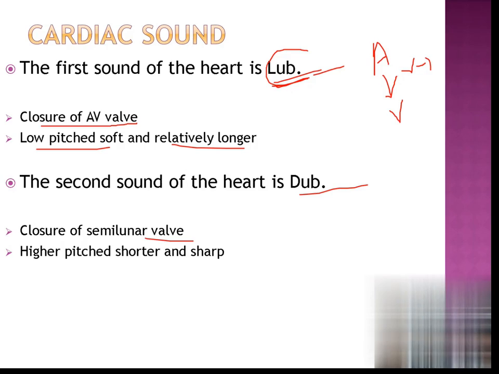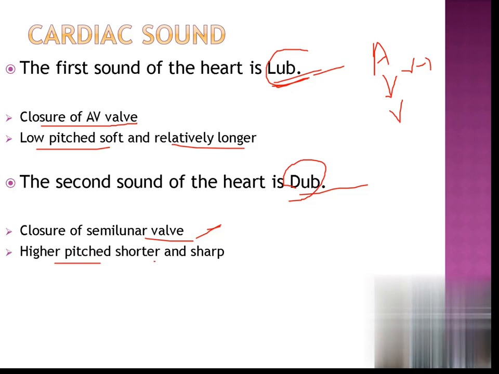Once the blood is transferred from the ventricle to the arteries, the semilunar valve connecting the ventricles and the artery closes to prevent backflow of the blood to the ventricles. During the closure of this valve, the dub sound is generated. This dub sound is high pitched, short and sharp.